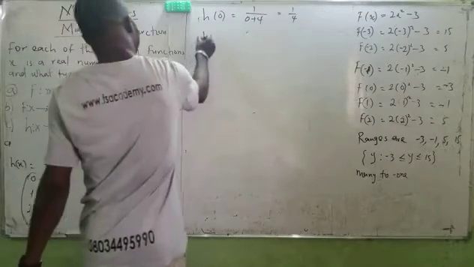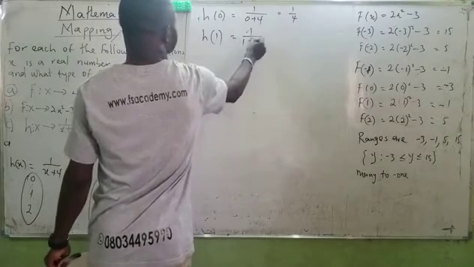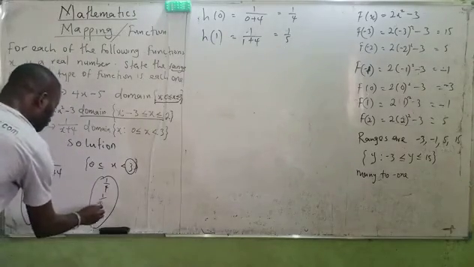Now, I'll move on to h of 1, which is 1 divided by 1 plus 4, which is 1 all over 5.